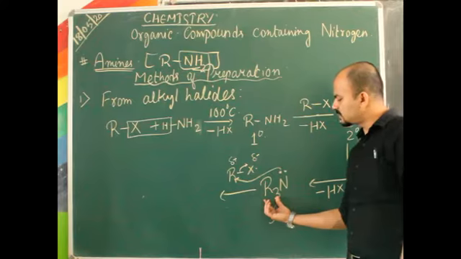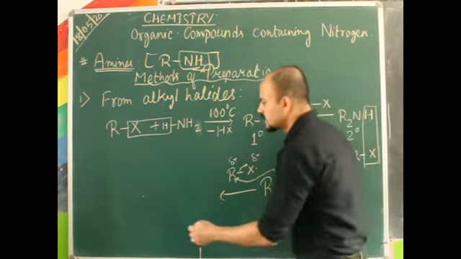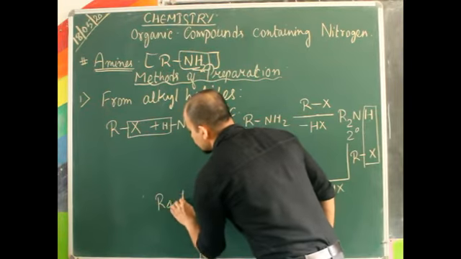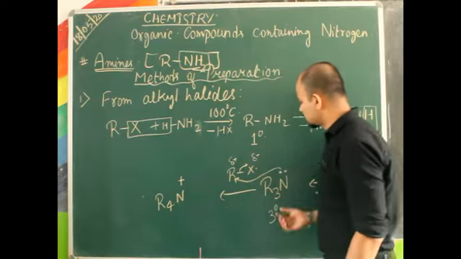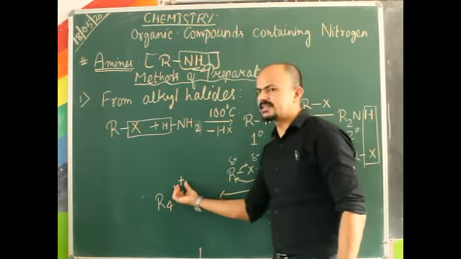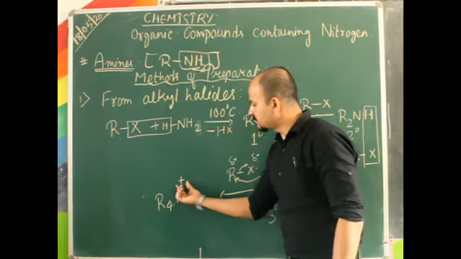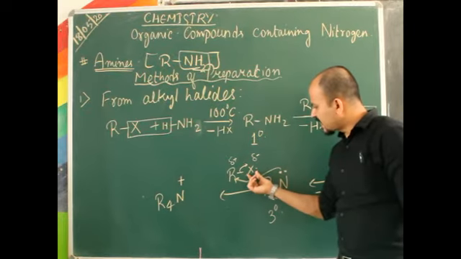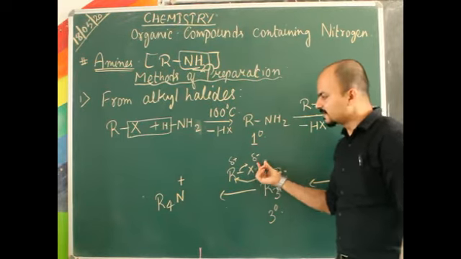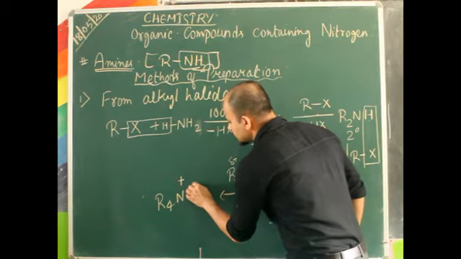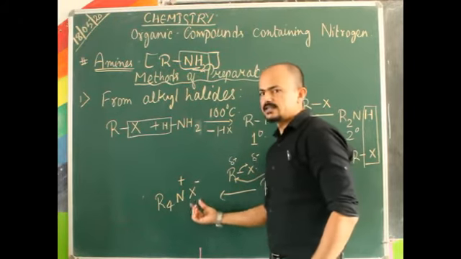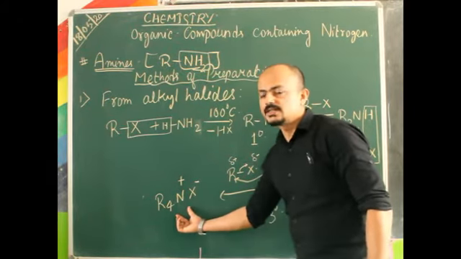Now R3 plus 1 R is R4N, and since nitrogen has lost its electron, there is a positive sign here. X has left as minus, and now this will come and stay near the positive charge. Now this is our quaternary salt.